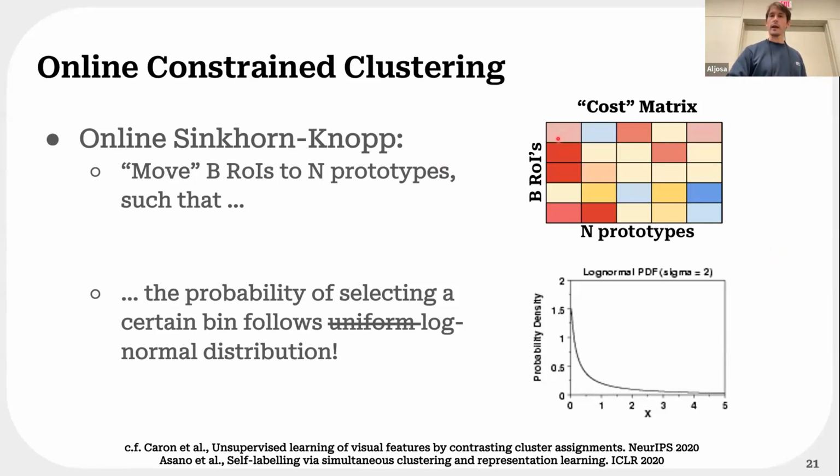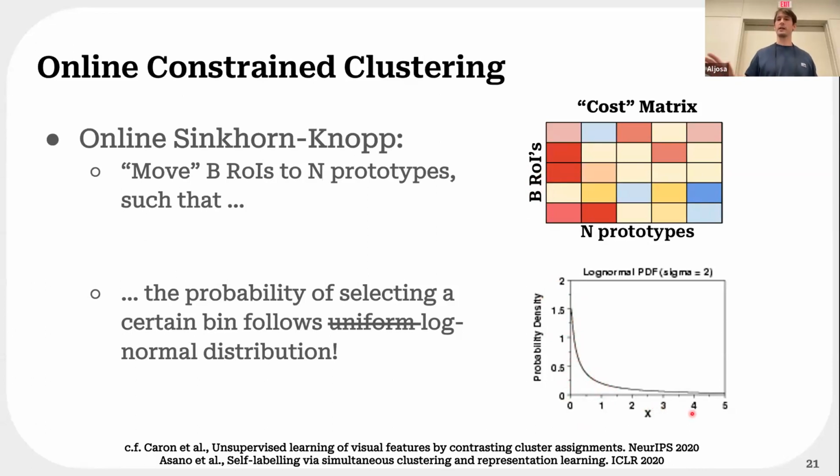If you think about this problem, you have B regions of interest in the current batch, and we want to assign them to N prototypes that represent novel objects. And this really is an optimal transport problem. We know how to do this efficiently, right? We can do this quite efficiently by the Sinkhorn-Knopp algorithm, but it's very important to impose the restriction that the marginal distribution of assignments of regions of interest to prototypes follows a long tail distribution as well.